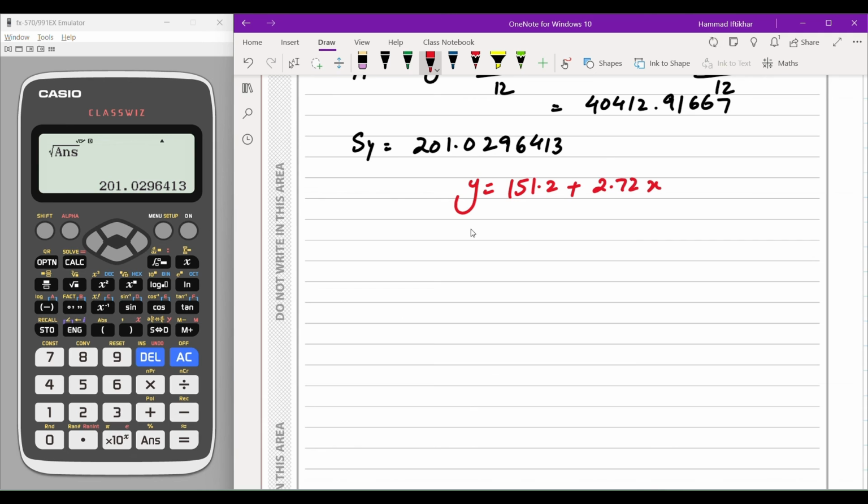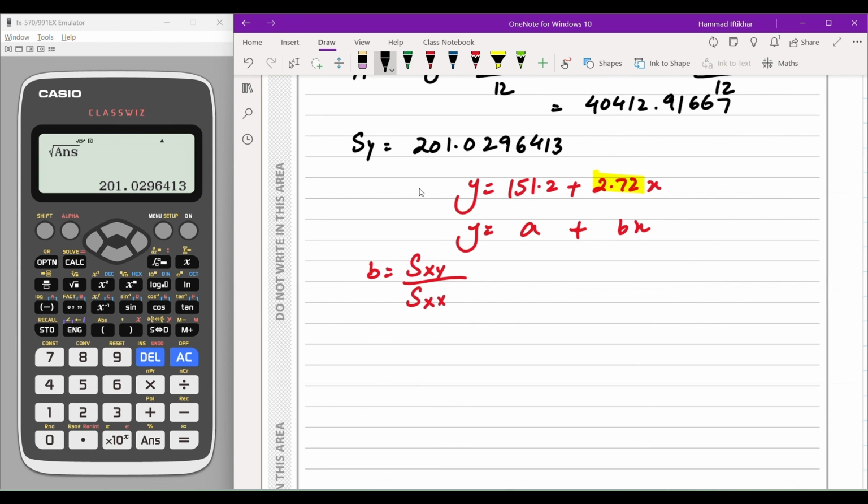Okay, we know this is a plus bx. b is represented by Sxy over Sxx, right? So Sxy we will find out from this. But how do we get the Sxx? How do we get the mean of x?